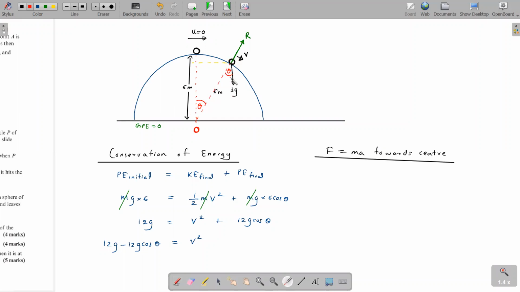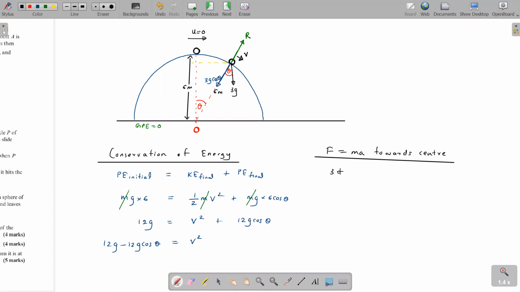So you could resolve this 3g towards the center. So this is going to be 3g cos theta. 3g sine theta comes this way. I don't need that, that's not a force we are required to work with here. I'm only concerned about forces acting towards and away from the center. So these are the only two forces we have to deal with here.